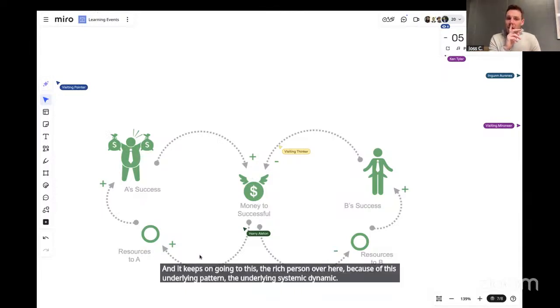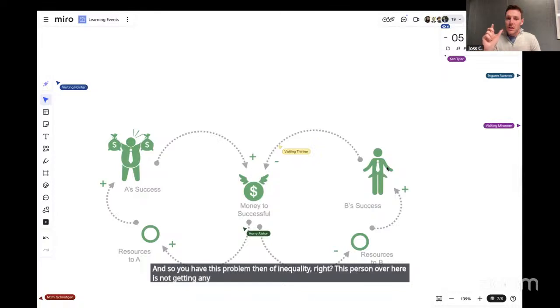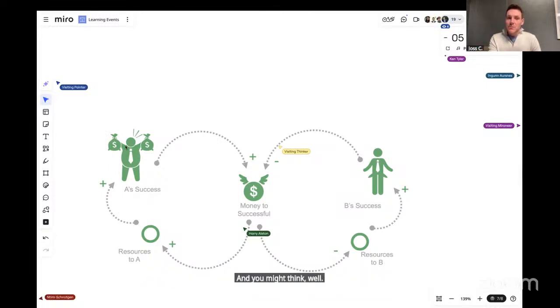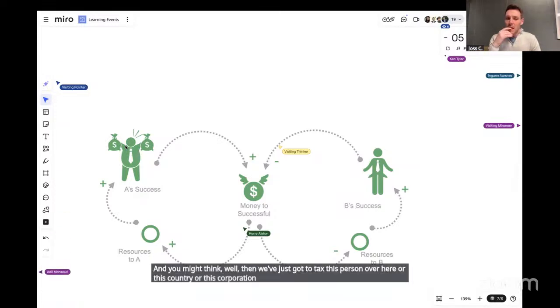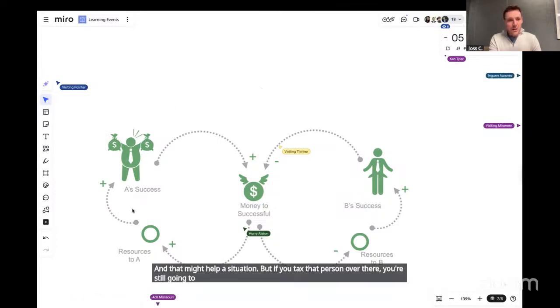And so you have this problem of inequality, right? This person over here is not getting any resources, so they're under-resourced and not doing very well. This one's getting over-resourced. And you might think, well, we've just got to tax this person over here, or this country, or this corporation, and that might help the situation. But if you tax that person over there, you're still going to have money pouring in here and going over there. The system hasn't actually changed.